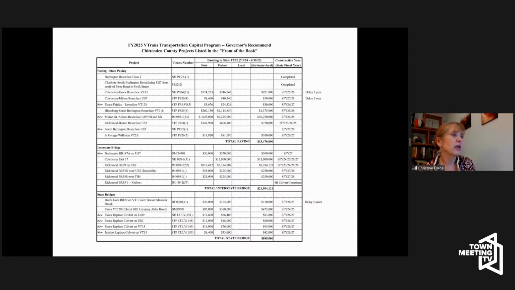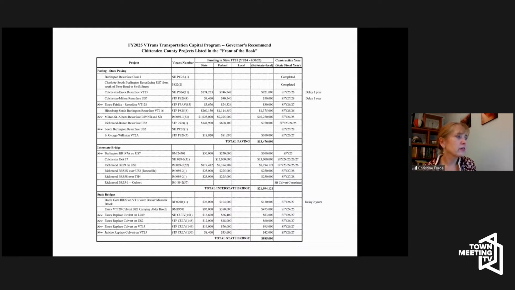Still many paving projects happening, a few new paving projects coming on this year, 128 in Essex and Westford. I-89 is going to be paved north from Milton to St. Albans. We've got US 2 being resurfaced in South Burlington.